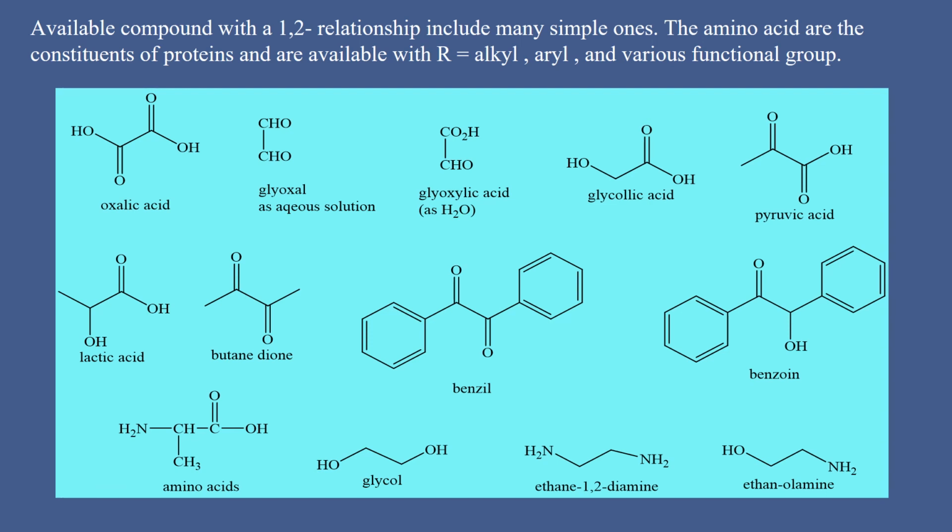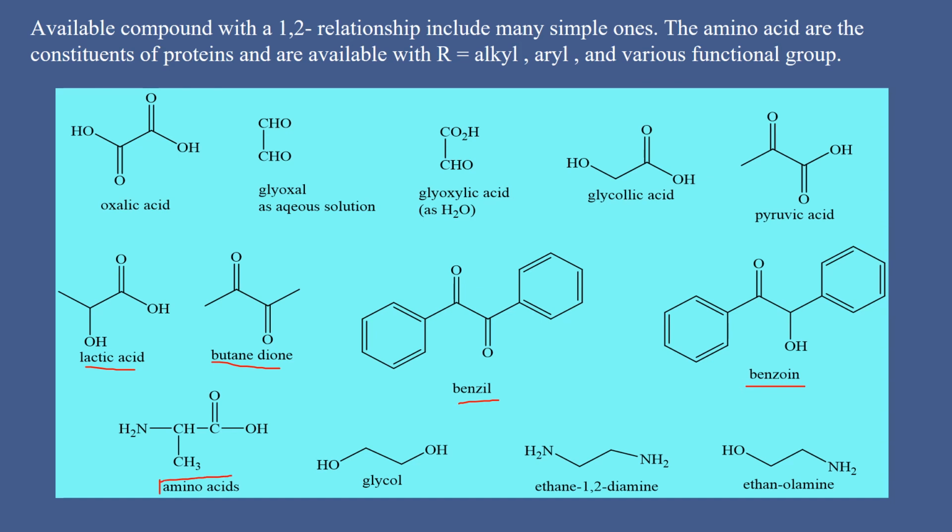Here are some available compounds which are even present in our undergraduate lab. It is oxalic acid, glyoxylic acid, glycolic acid, pyruvic acid, benzoin, benzil, butadiene, lactic acid, and there are compounds which are amino acids.